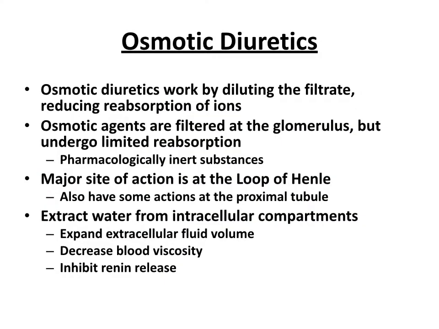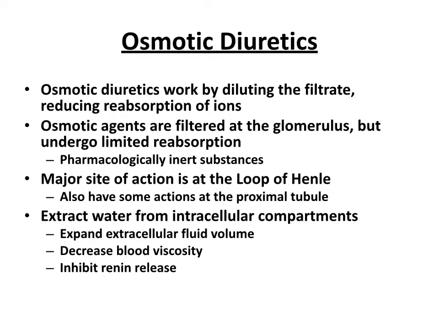Okay, next type of diuretic I want to cover are osmotic diuretics. These work in a pretty simple way, actually. They work by diluting the filtrate and reducing the reabsorption of ions.